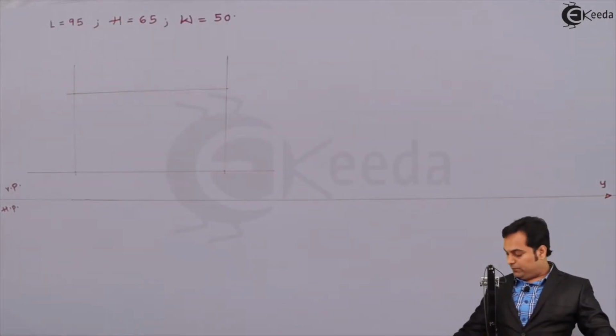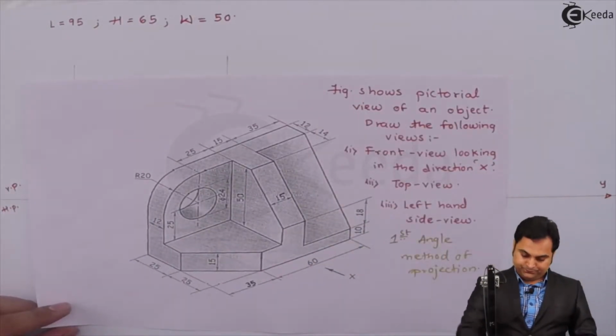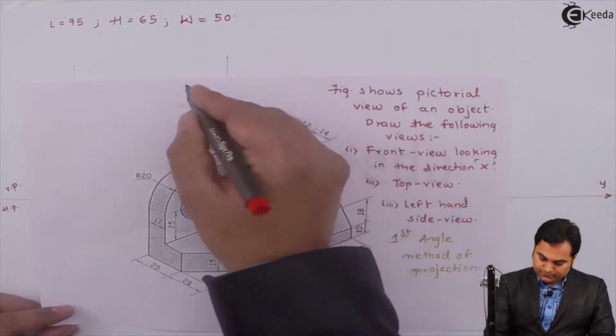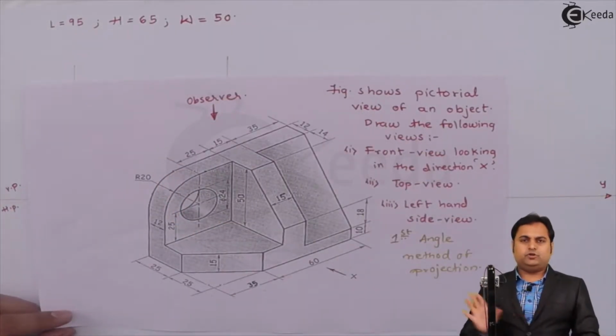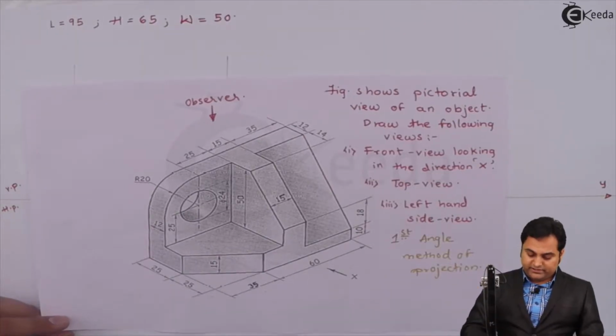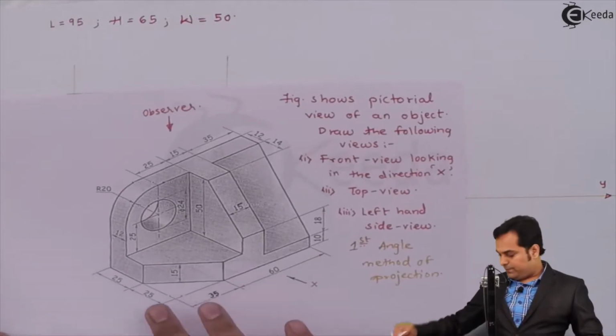Then for the top view, when we are looking at an object from top as an observer, in that case the height of the object is not visible to us, but its length and width is visible. Length we can get it from the front view.